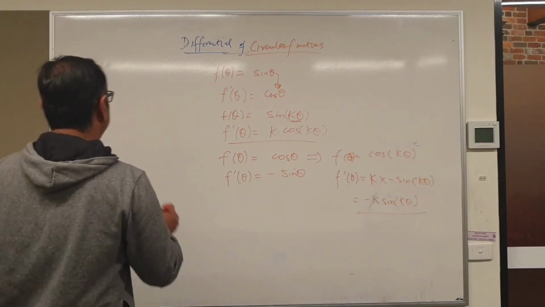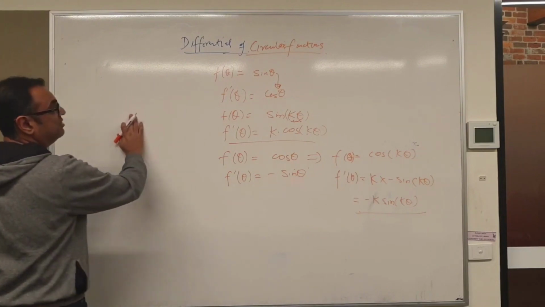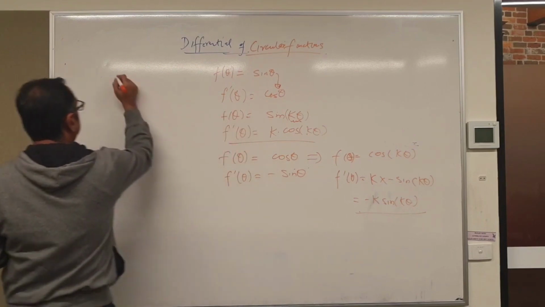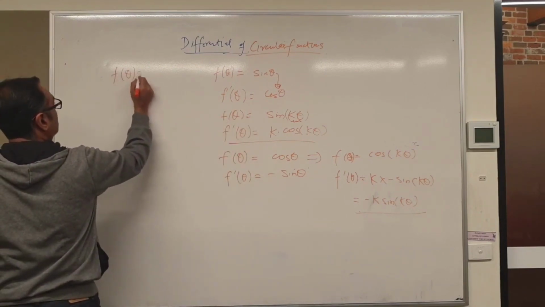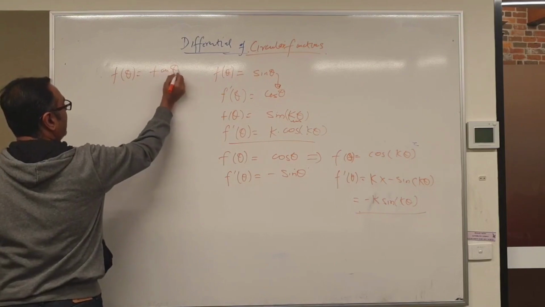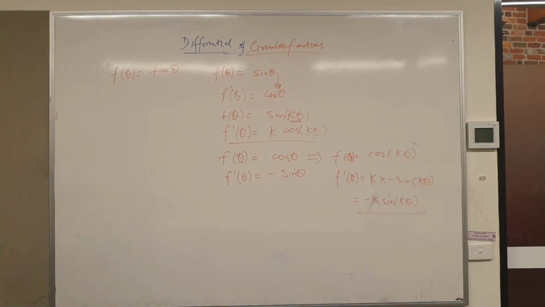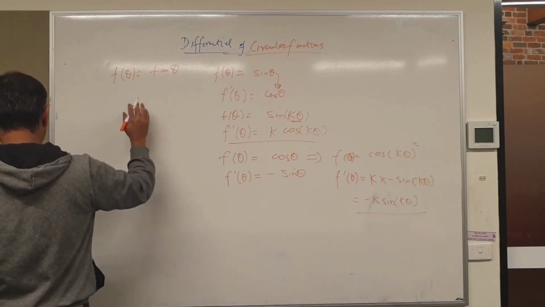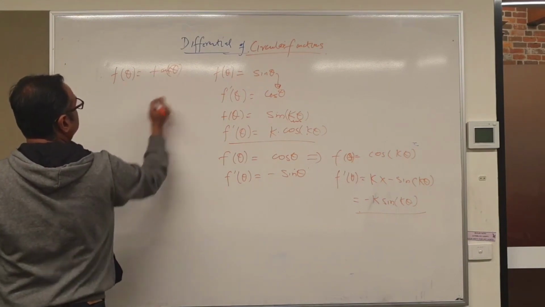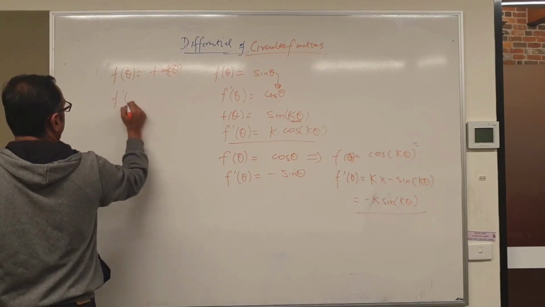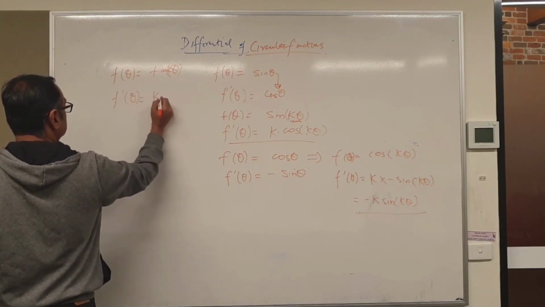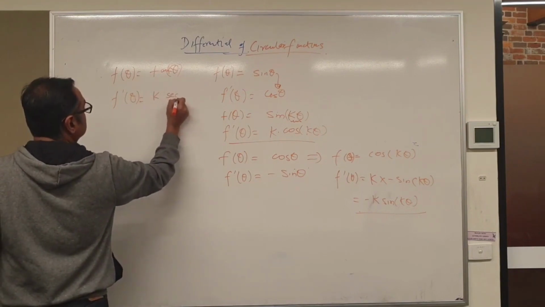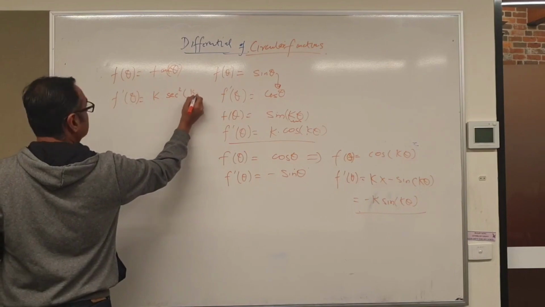One more thing to remember. You've got three circular functions that you normally play around with, not six: sine, cos, and tan. So if your f of theta is tan k theta, then your f dash theta equals k times secant square k theta.